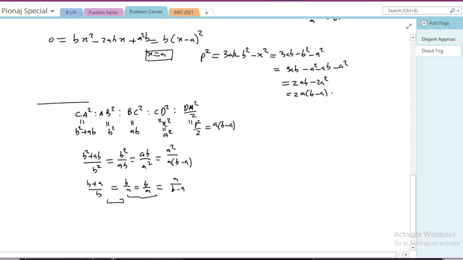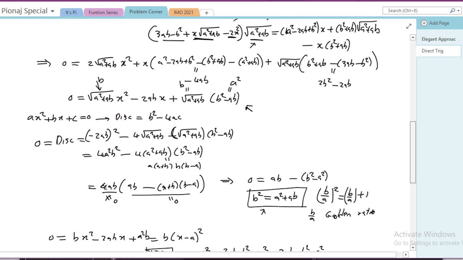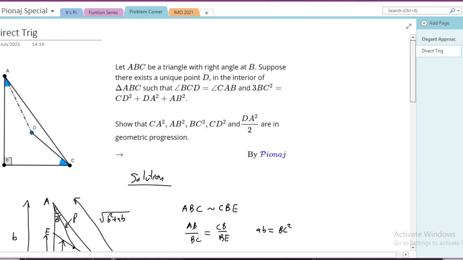For this one, to see that they are equal, we just cross multiply, and we'll get this relationship. If you remember this relationship, we'll get this again if you cross multiply, and the same actually applies here. So you're going to get b squared, cross multiply, get b squared minus ab is equal to a squared. So yeah, the ratios all hold. That brings us to the end of this method as well.